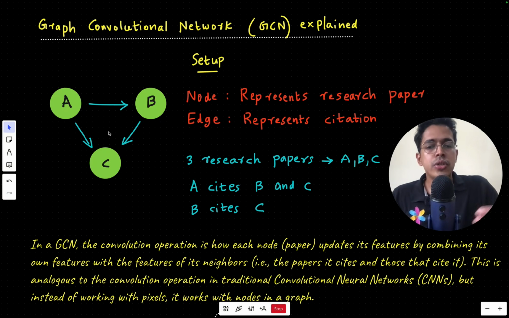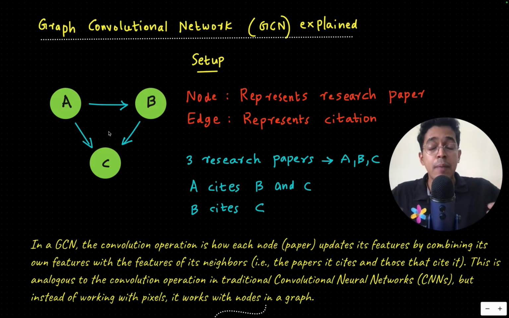So those nodes will update their feature values by considering the interaction of these nodes with their neighboring nodes. And this whole process is what happens in the convolution operation in the graph convolutional network. If you don't understand what that exactly means, don't worry. It's very simple because this example is as simple as it can be.